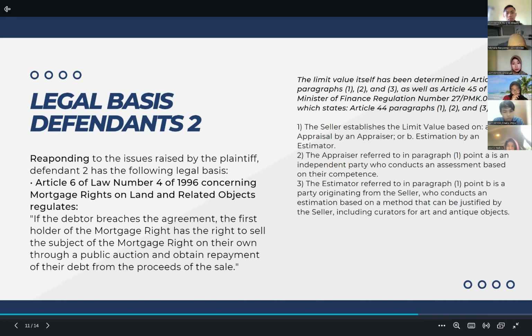Second, the appraiser referred to in paragraph 1 point A is an independent party who conducts an assessment based on their competence. Third, the estimator referred to in paragraph 1 point B is a party or organization from the seller who conducts an estimation based on a method that can be justified by the seller, including curators for art and antique objects.